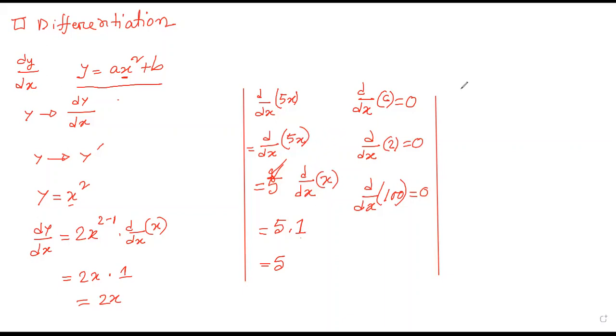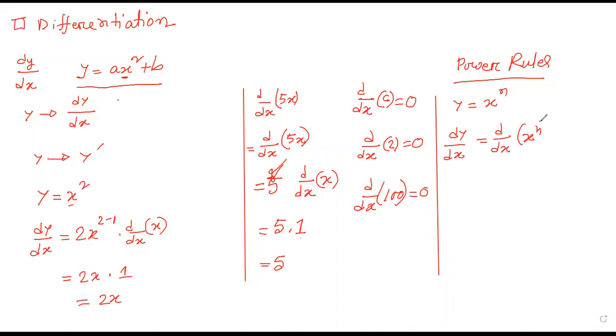Now the power rule. If y is equal to x to the power n, then dy by dx will be d by dx of x to the power n.